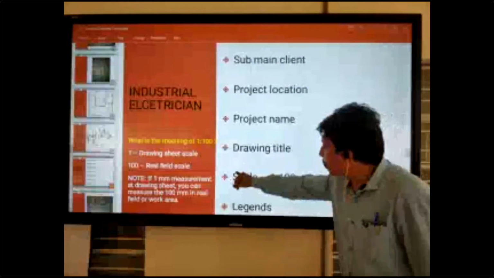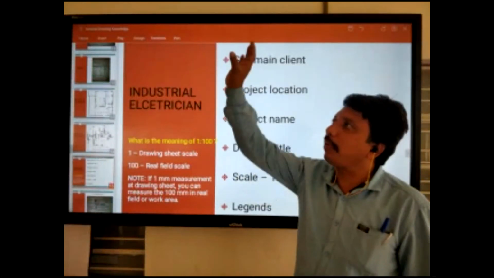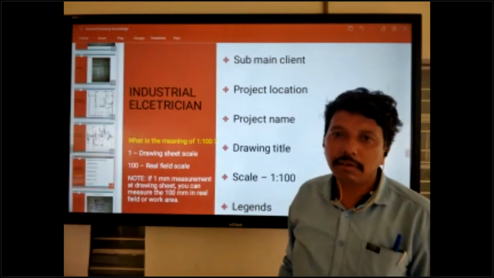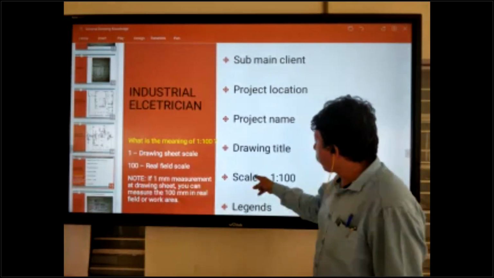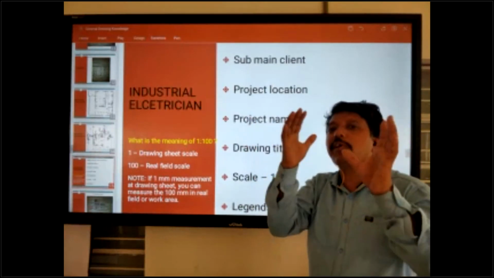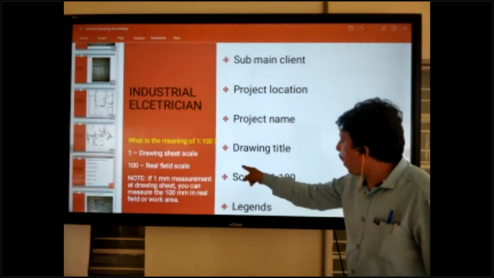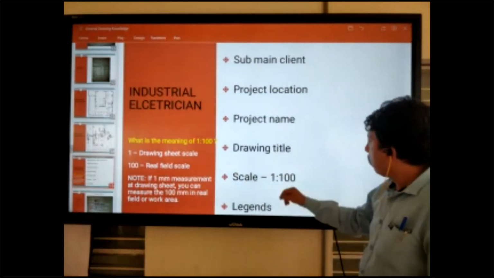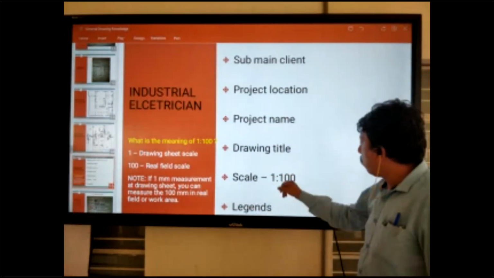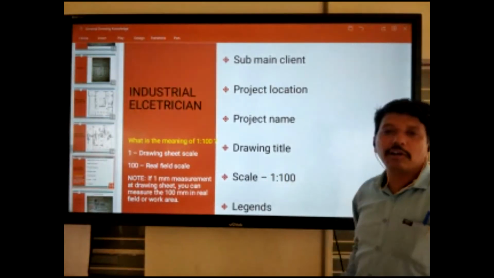First you check the scale. Suppose you install some light in the ceiling but you do not check the scale. How will you install? Your installation will be wrong. First you check the scale. What scale is given there? 1:100, 1:150. We write 1:150 also.